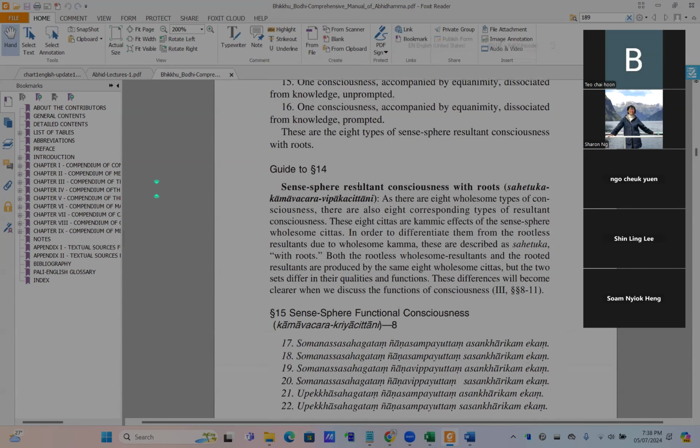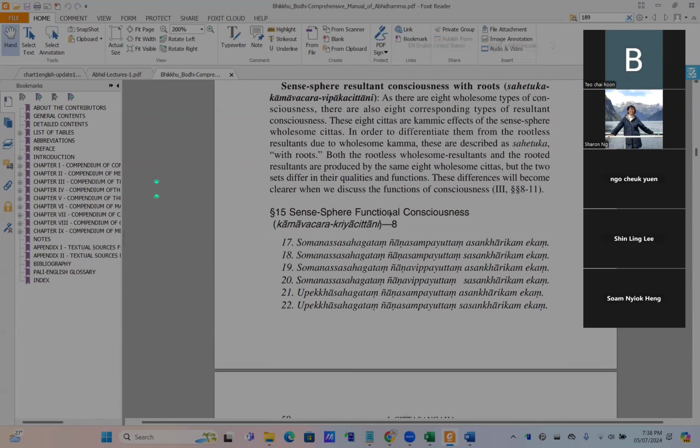But for Arahants, they do it under Kamavacara Kriya. We call it Kriya Citta because they no longer have any karmic potency. They will not create any more karma because it is the end of their life and they have no mental defilements. You can see the Pali is exactly the same. So this 24 is very easy.